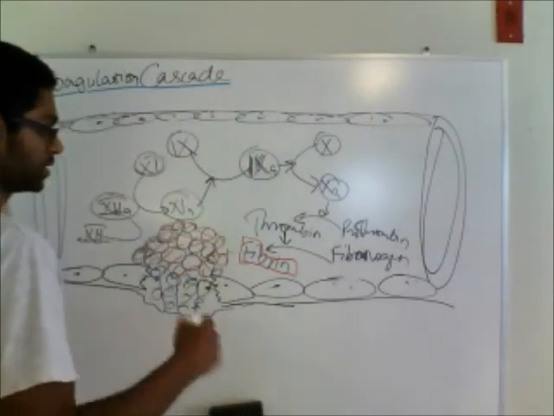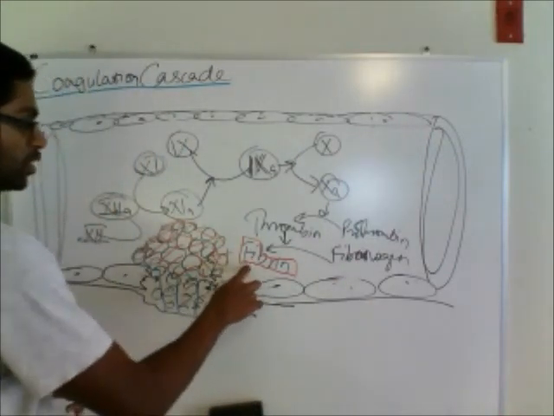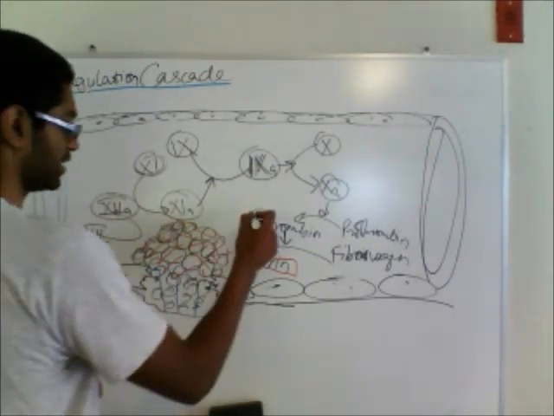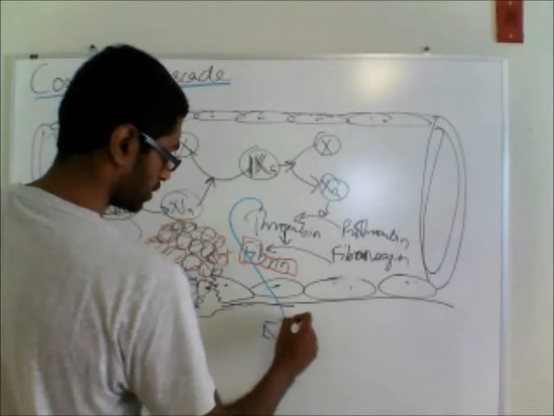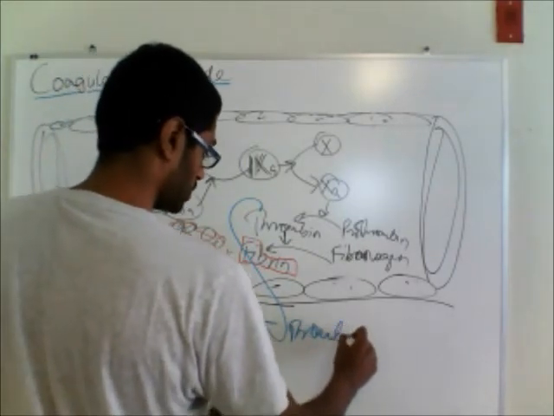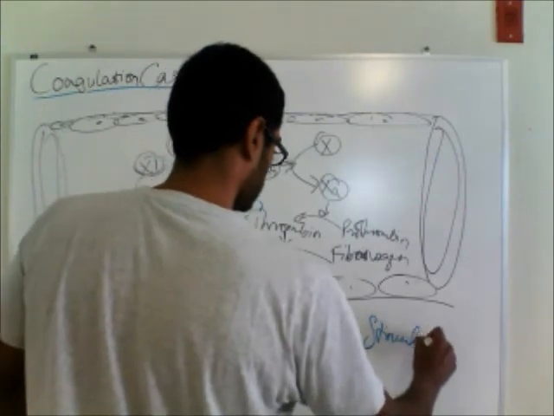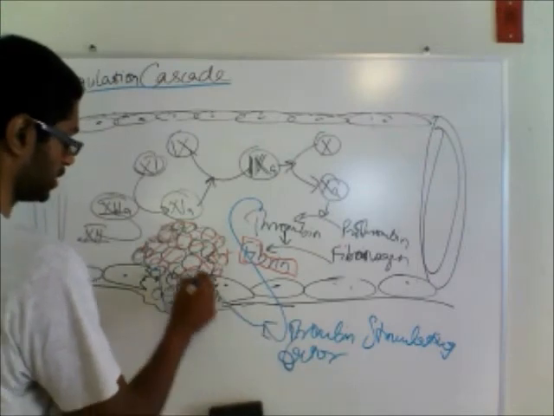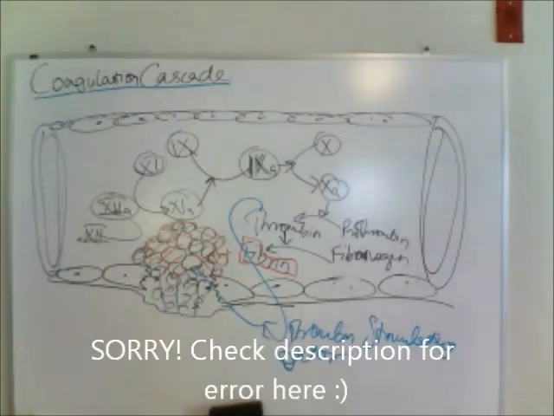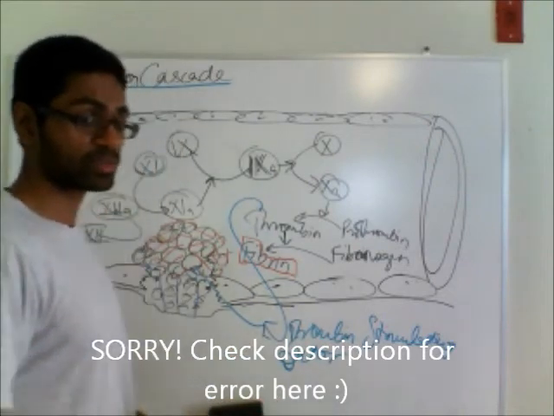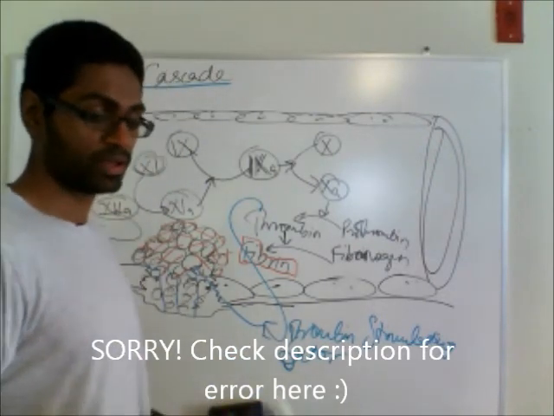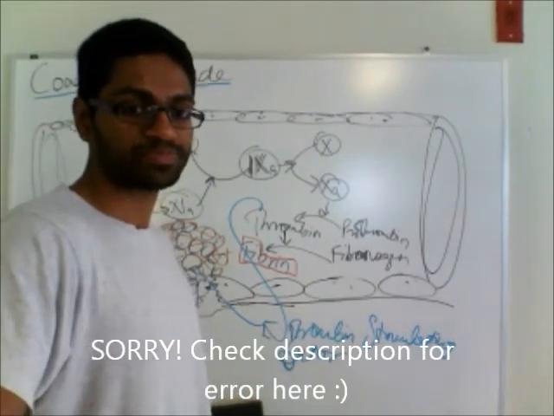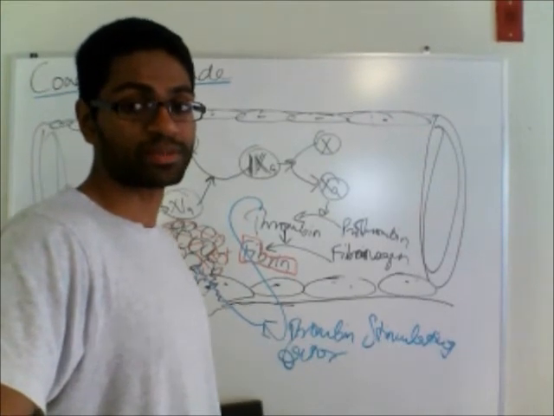Alright, so see the cool thing with thrombin is not only does it help in the formation of fibrin, but it also produces something known as thrombin stimulating factor, okay? Thrombin stimulating factor. And now this, once again, helps all the fibrin stick together. Now, if I'm not mistaken, another name for thrombin stimulating factor is factor 8, if I'm not mistaken. You can correct me if I'm wrong.